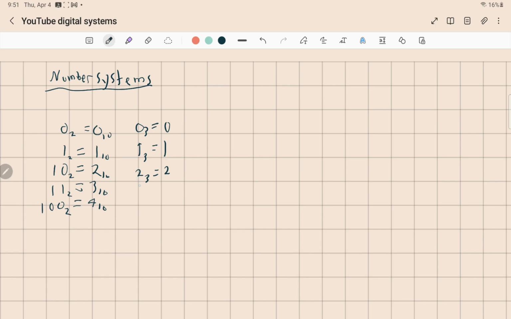So once we get past 2, when we add 1 to 2, we get 1, 0, which equals 3, and so on. So this one is going to go 0, 1, 2, 1, 0, and so on. So that's counting in different bases.